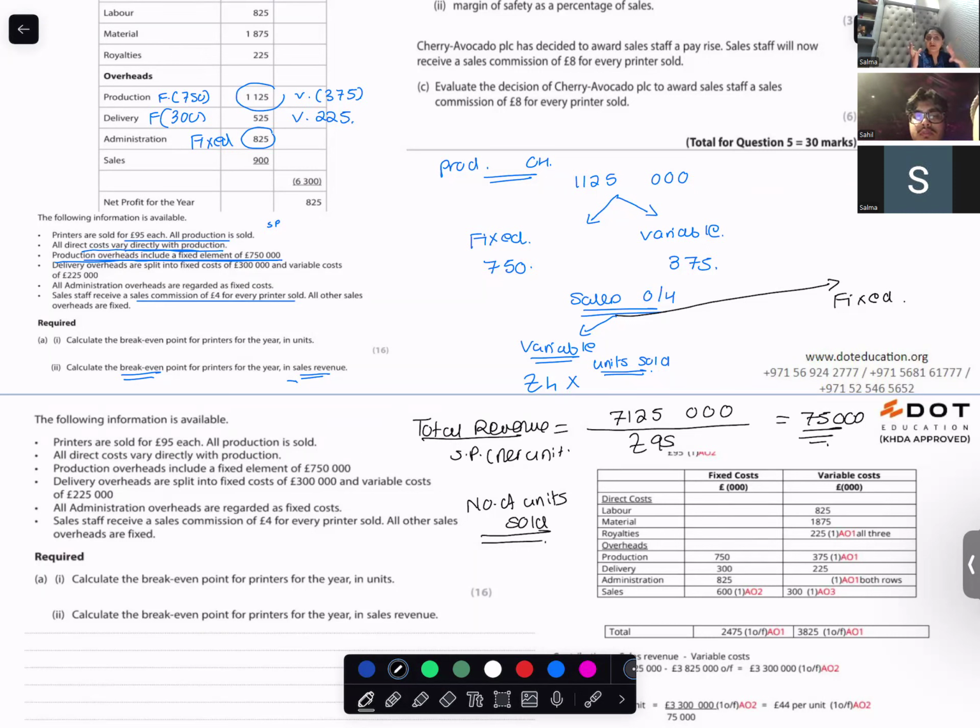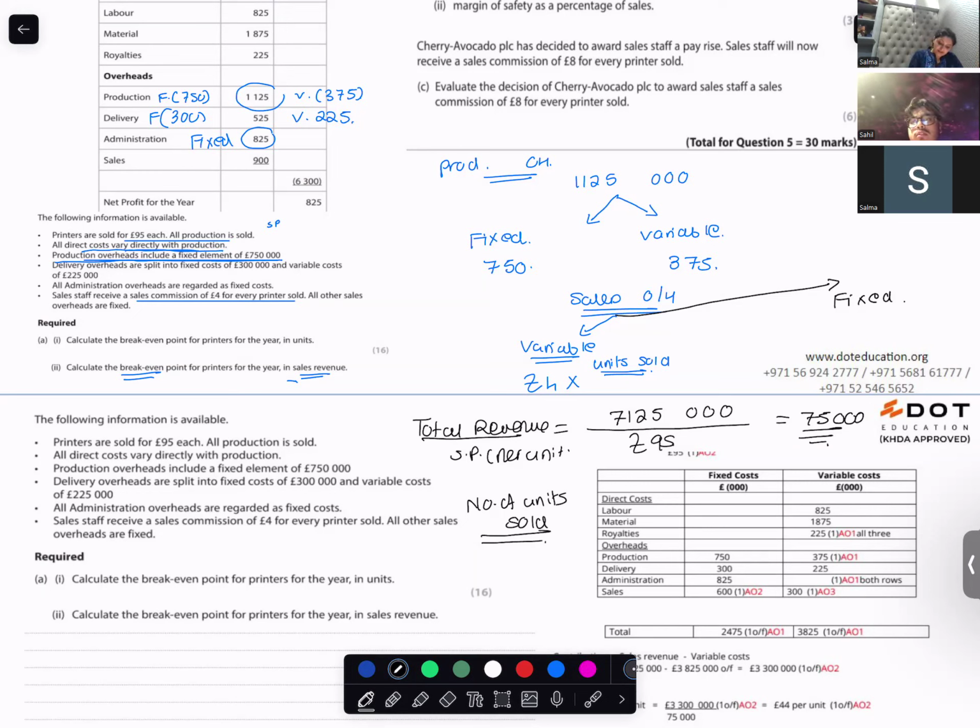So I find out what is the variable sales overhead and what is the fixed sales overhead, correct? What is the variable sales overhead?